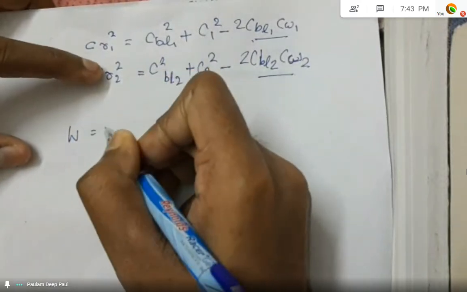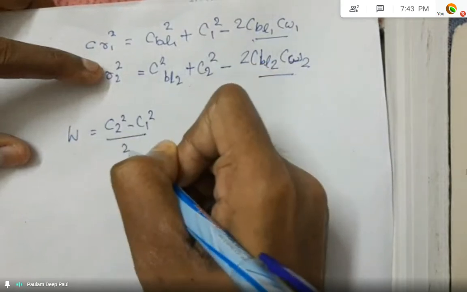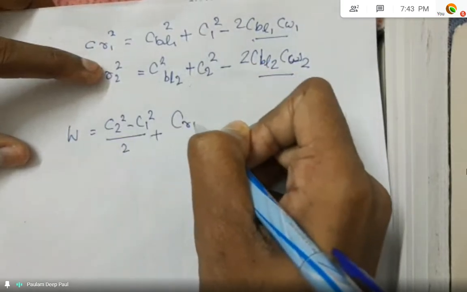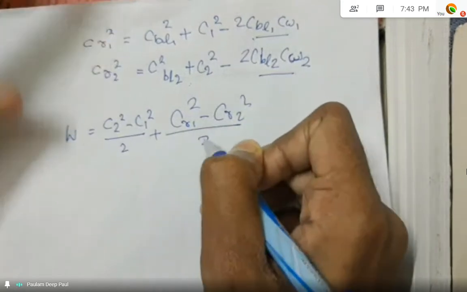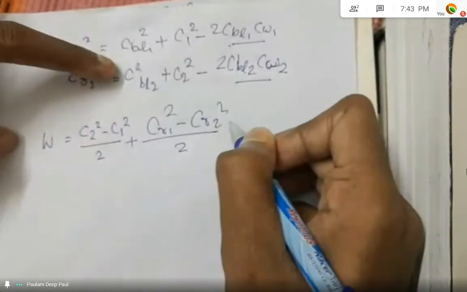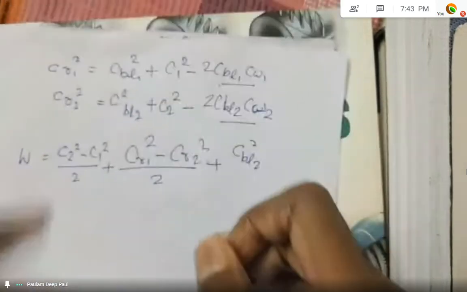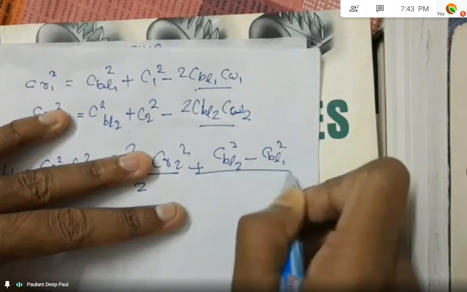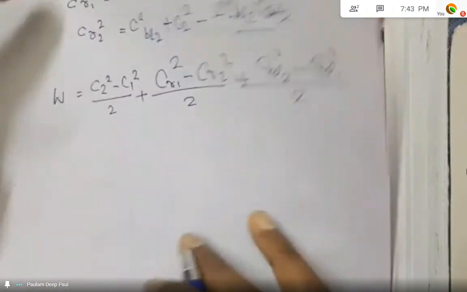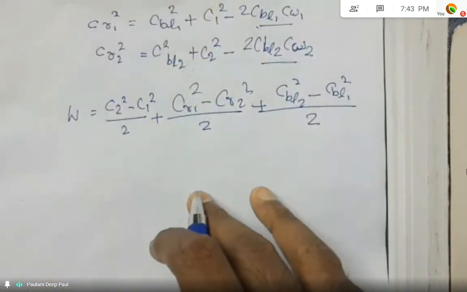That is, C2 square minus C1 square upon 2, plus CR1 square minus CR2 square upon 2, plus CBL2 square minus CBL1 square upon 2. This is the expression for the Euler's work done for any turbomachinery.